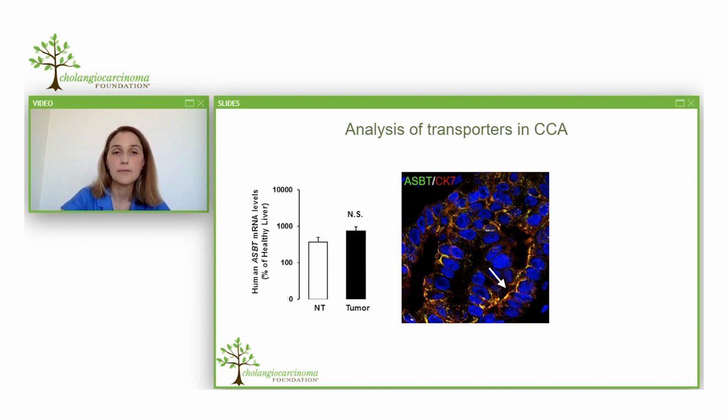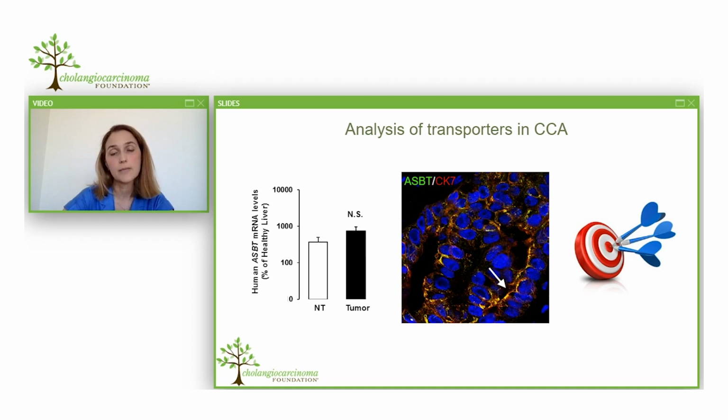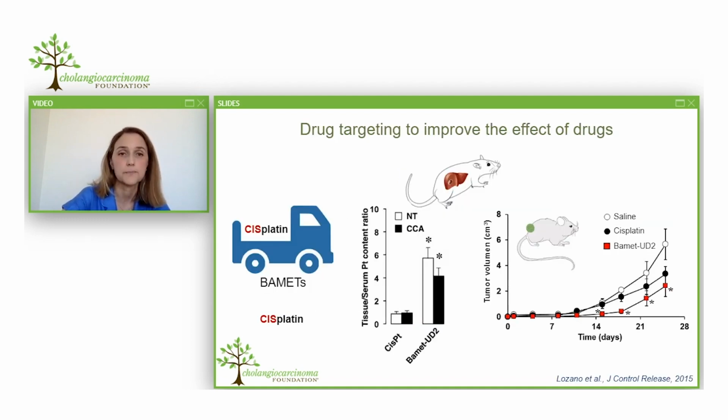The levels are similar to those in surrounding non-tumoral tissue and it is located in the plasma membrane. So we have used this characteristic to treat tumor cells and send more cisplatin to these cholangiocarcinoma cells.